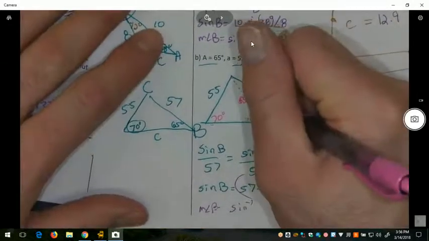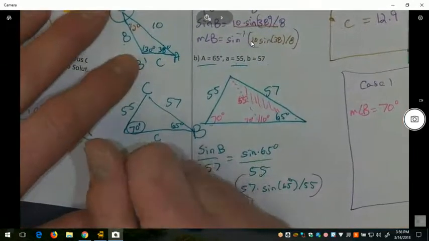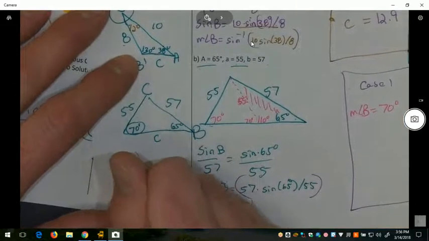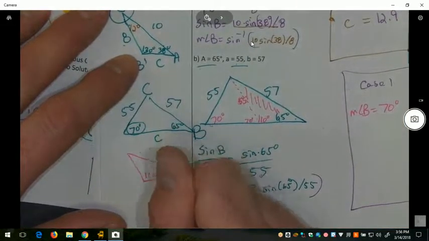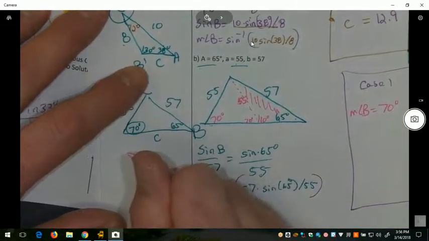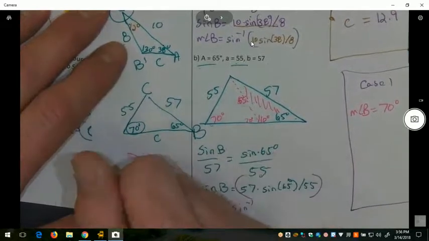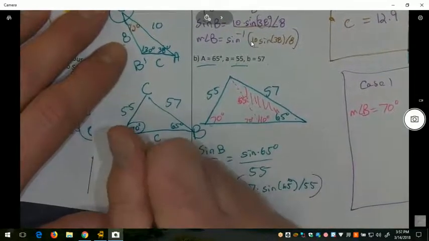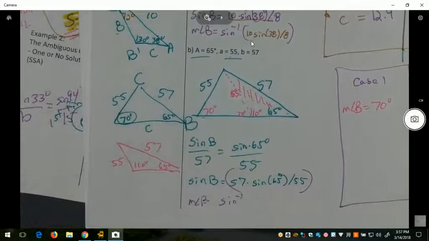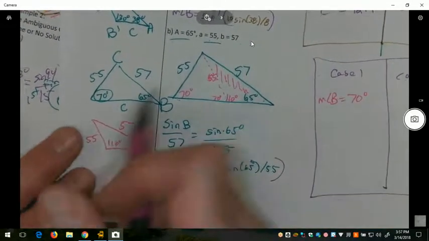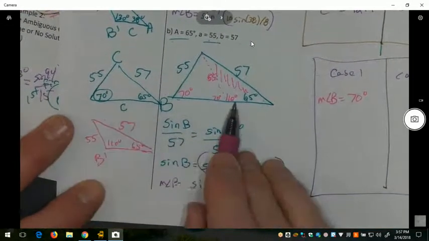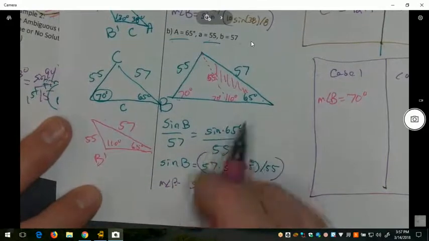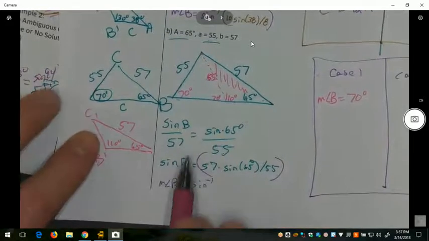In this obtuse triangle in pink, this is 110 degrees. This is still 65. This is still 55. This is still 57, because those were given. And this is B prime, the alternate triangle that could be created, which makes this C prime.